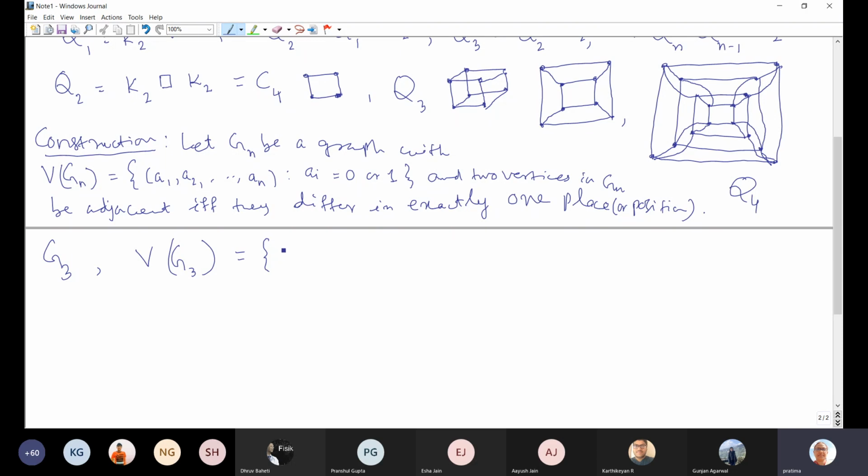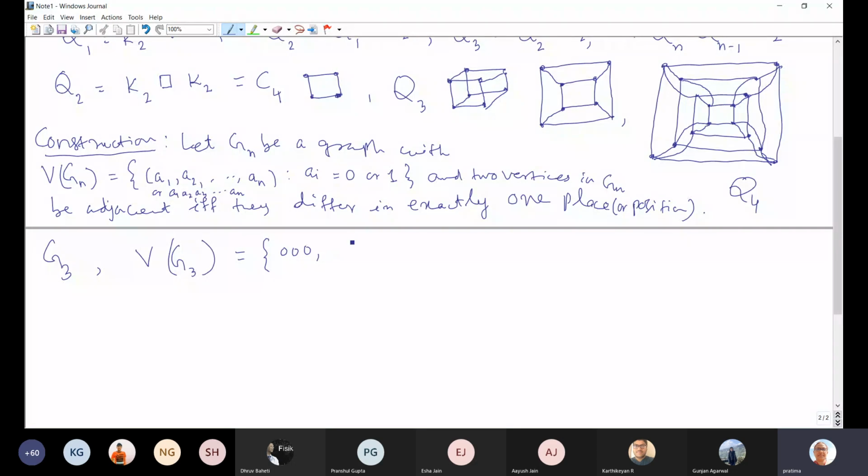We may write the vertices of G3 like this: 000, 100, 010, 001, 110, 101, 011, and 111. Either you represent as a string or as a tuple, it doesn't matter.